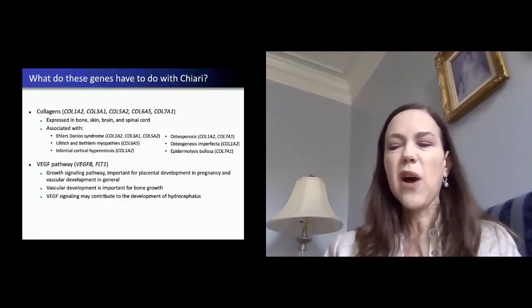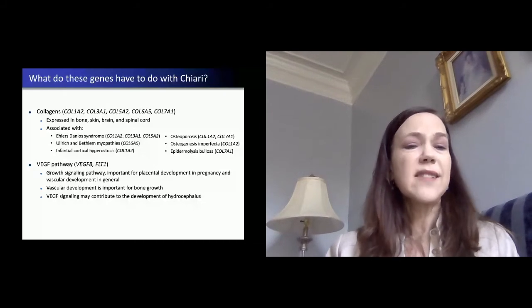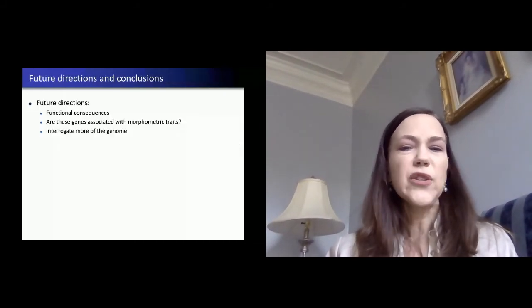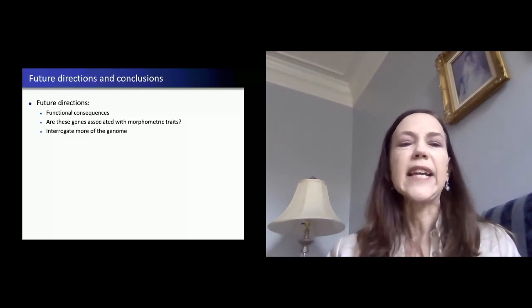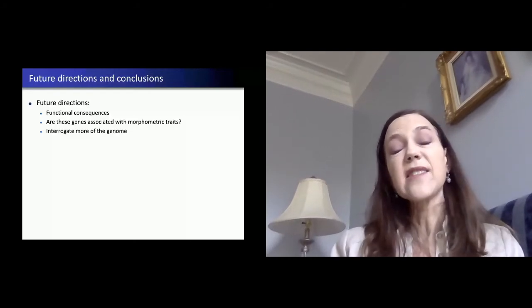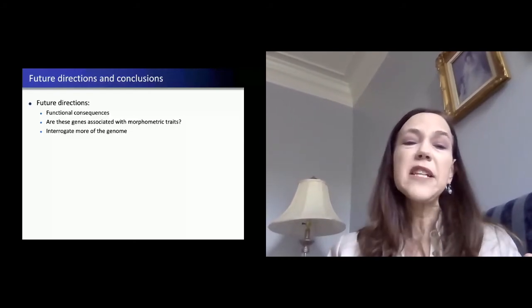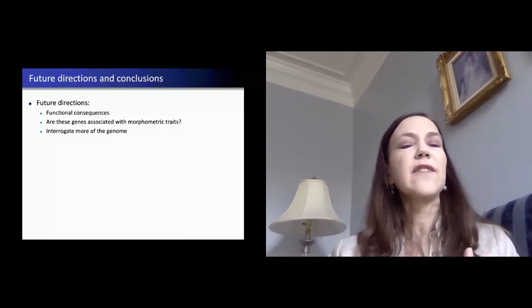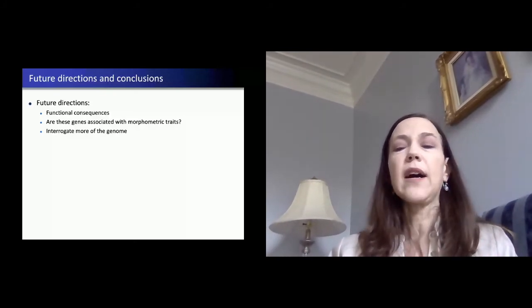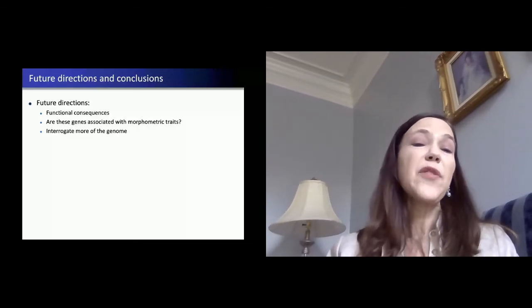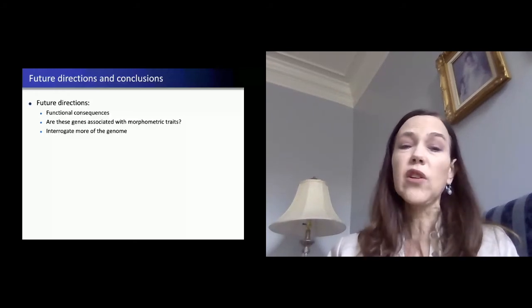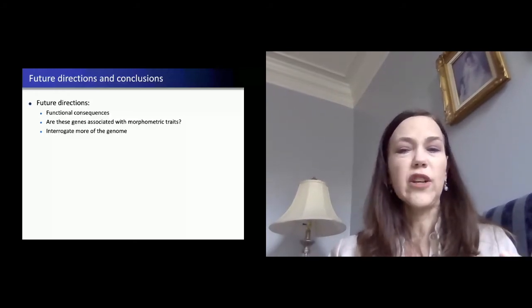Let me just tell you, I'll wrap up quickly here, what some of our future directions are. We're really interested in trying to figure out functionally what these genes and these variants might do. One way we can do that is maybe to create some animal models and see how the bones develop in those animals. We're also, within the human data set, very interested in looking more closely at craniomorphometric traits.